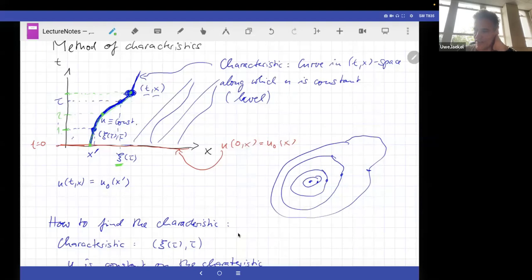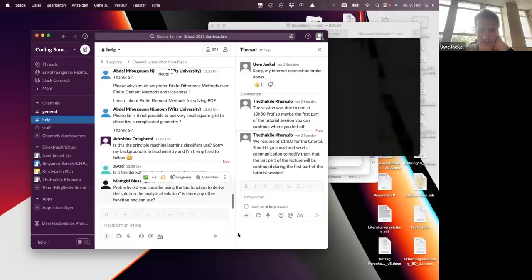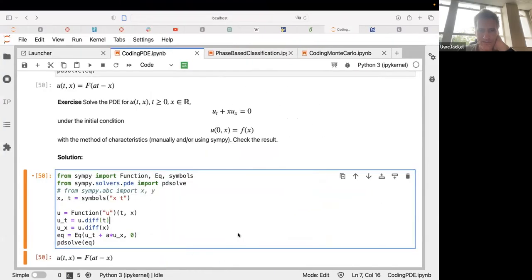Tau is where I am in time on the characteristic, and psi says where I am in space on the characteristic. You can call it with a different name, of course. So this is just a parameter.